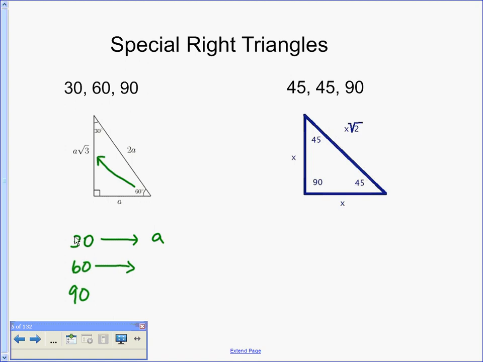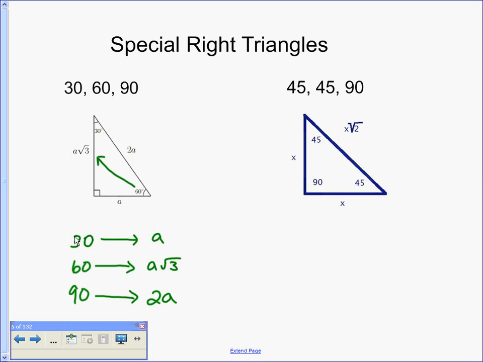It is bigger than our A side, and it is √3 bigger. So we take the A and multiply it by √3. So if the A was 5, then opposite the 60 would be 5√3. And then opposite the 90 is going to be also bigger, and it's going to be 2 times A.